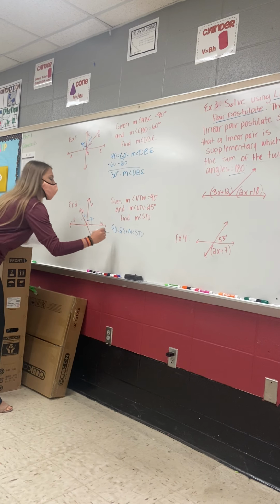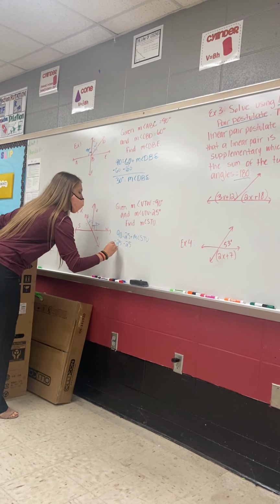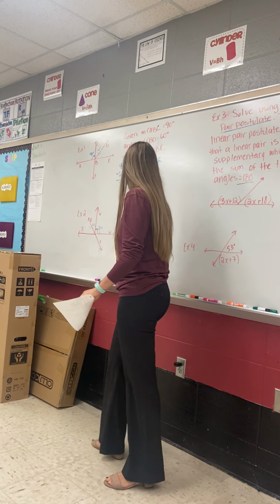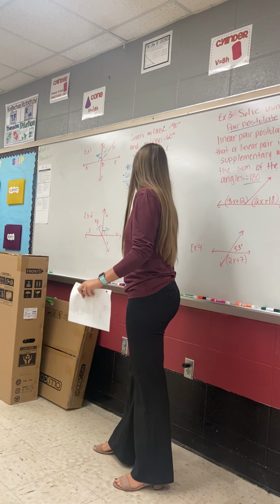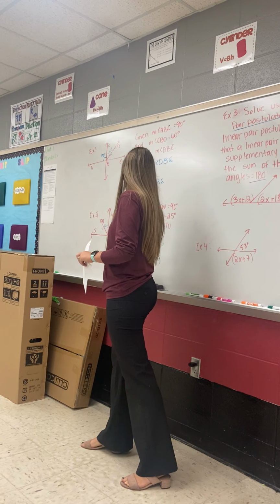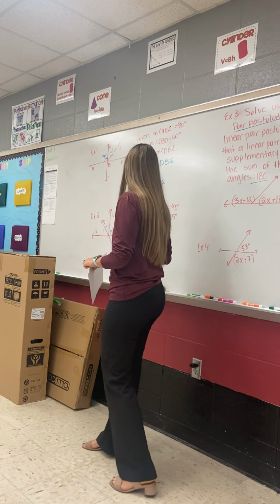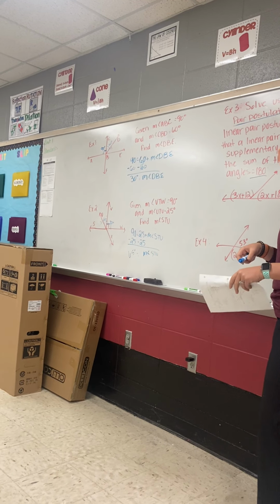So now we're going to subtract 25 on both sides. Okay? And that's going to give us that the measure of angle STU equals 90 minus 25 gives me what? 65. So 65 degrees. So that's how you'll do number 1 and 2, okay?